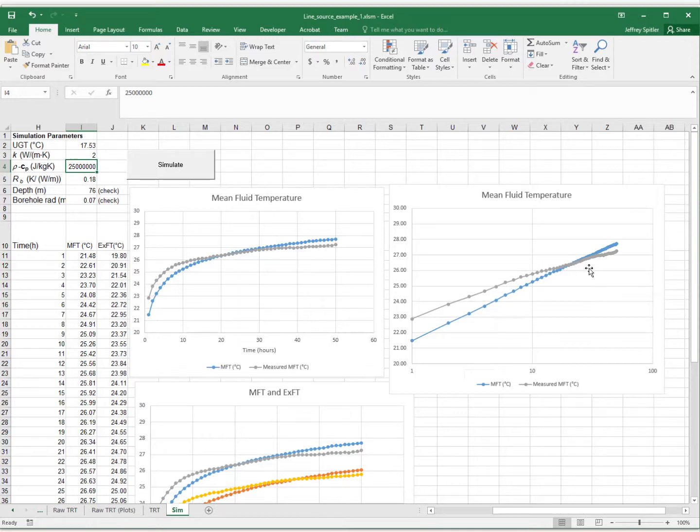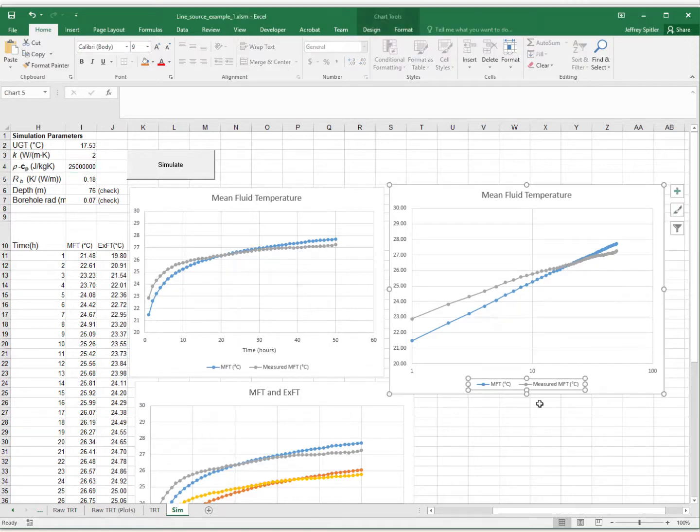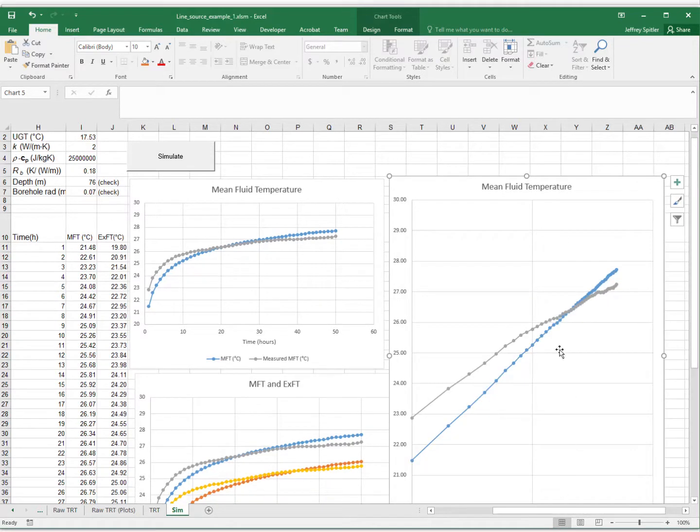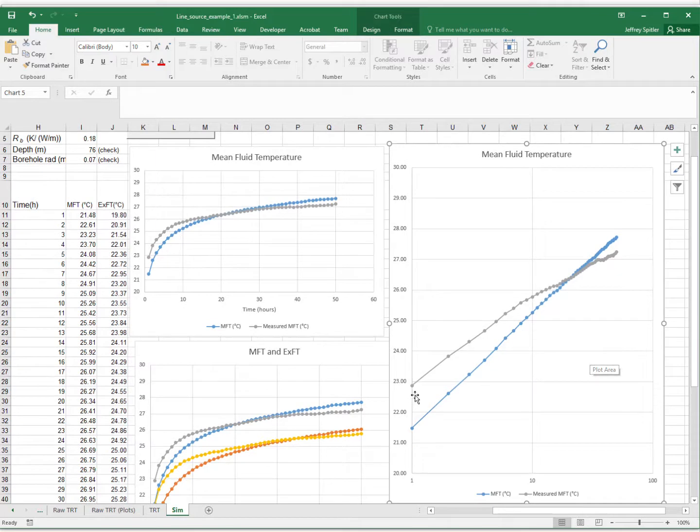The problem is, if you look closely, and we may want to expand this plot a little bit to see this better, see this gray? There's actually 2 different slopes. There's an early time slope. This is 10 hours, so presumably what's going on here is due to the borehole, but then it sort of settles down.